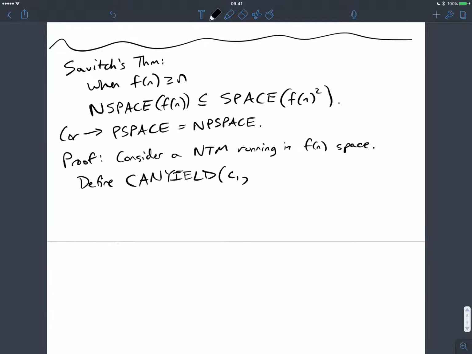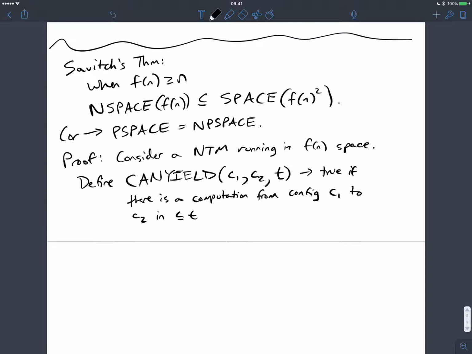It takes 3 arguments, C1, C2, and T, and is true if there is a computation from config C1 to C2 in at most T steps.